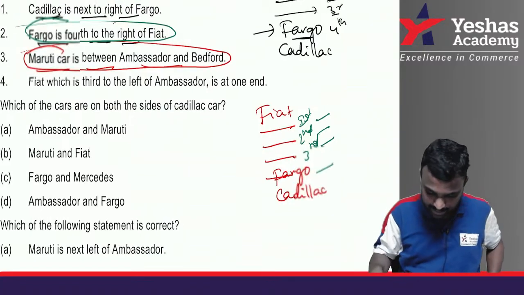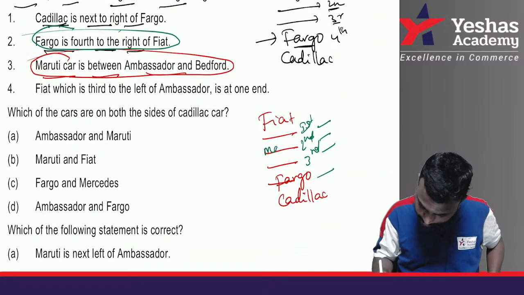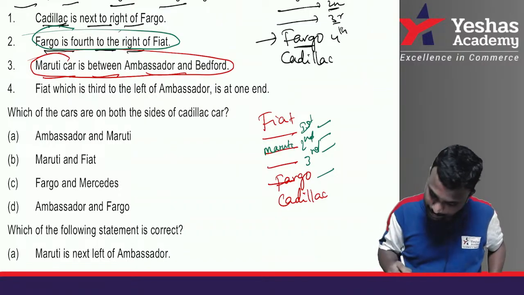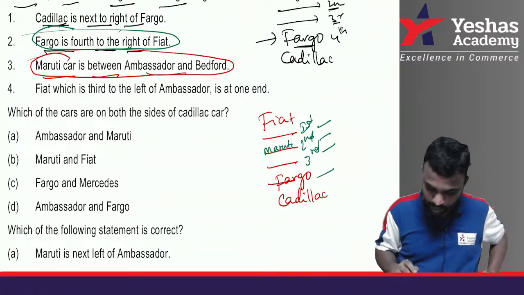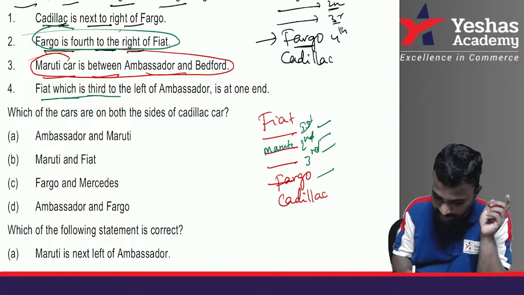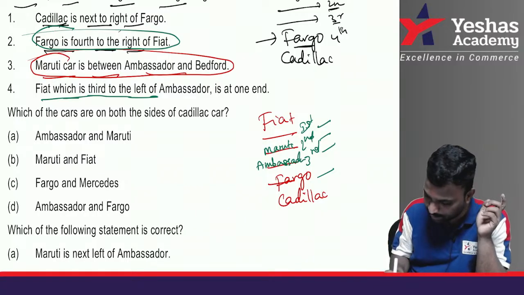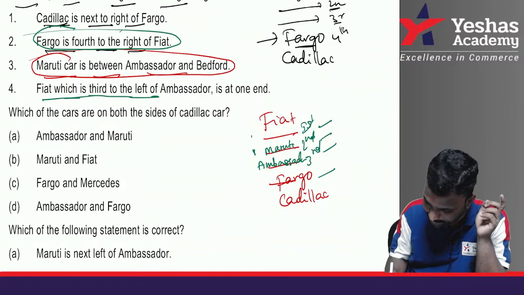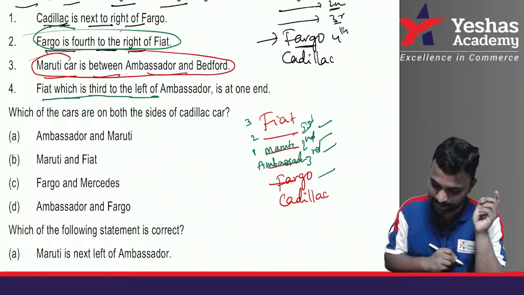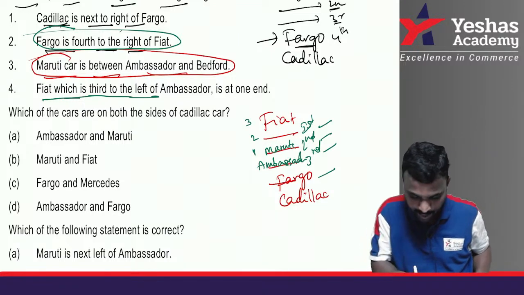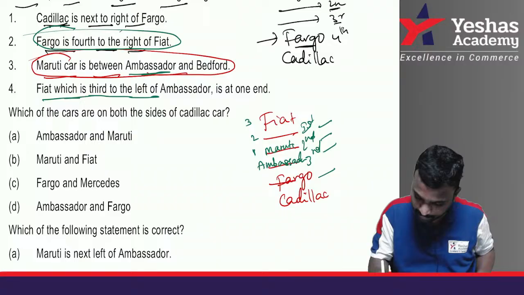Fargo is done. Then they have said Maruti is between Ambassador and Bedford, and they've clearly said Fiat is third to the left of Ambassador. Definitely, Ambassador should be over here. Then first left is Maruti, second is something else, and Fiat is third left. That is also satisfied. Now, Maruti car is between Ambassador and Bedford, so Bedford should be over here.